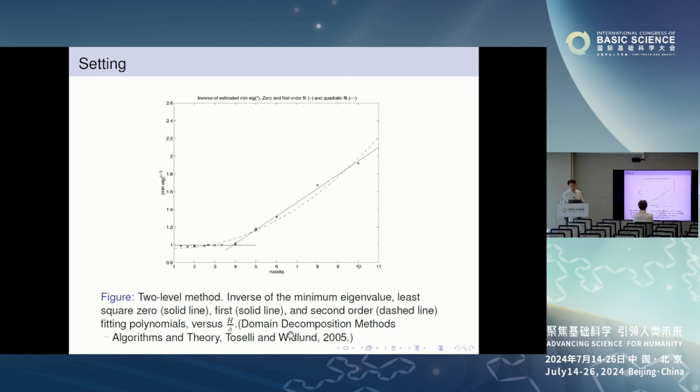This is a very famous book on domain decomposition methods, algorithms, and theory. I showed it at the beginning of my talk. Every graduate student who would like to learn domain decomposition methods always reads this book. And this is a picture from this book. Here it just shows you the two-level method for the H-curl Maxwell equations.